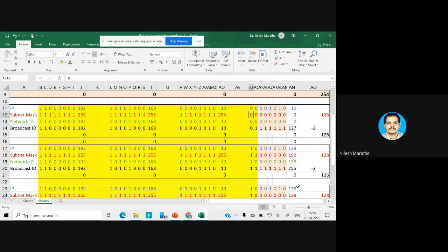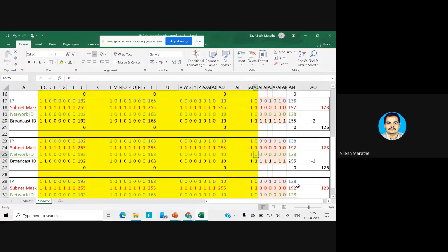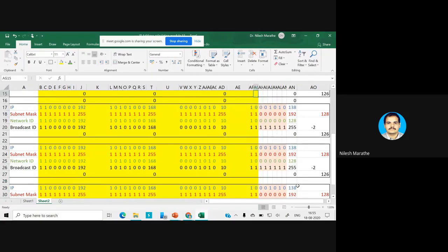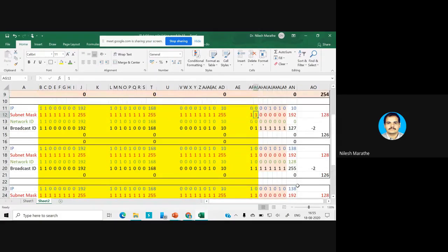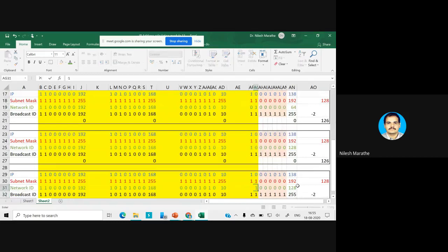Subnet mask, here it is, I want to say like, okay, subnet mask 2 bits I have taken from the host portion, so that will become 00, this will become 01, this will become 10, and here it will become 11.